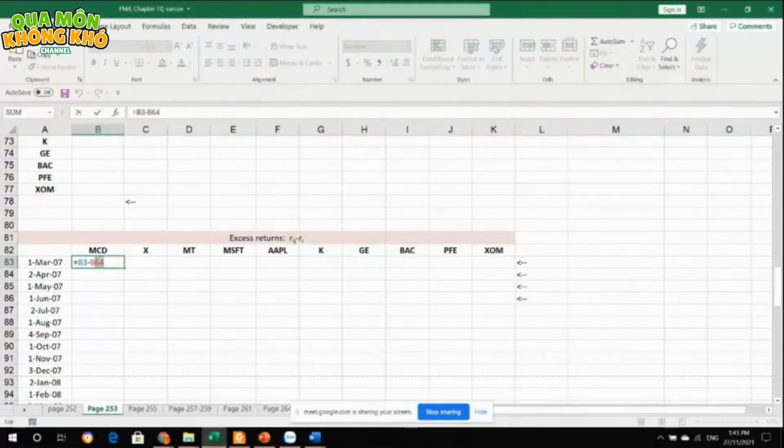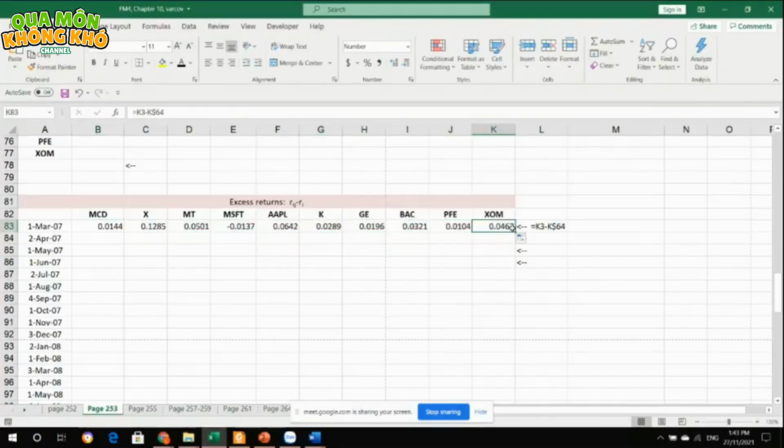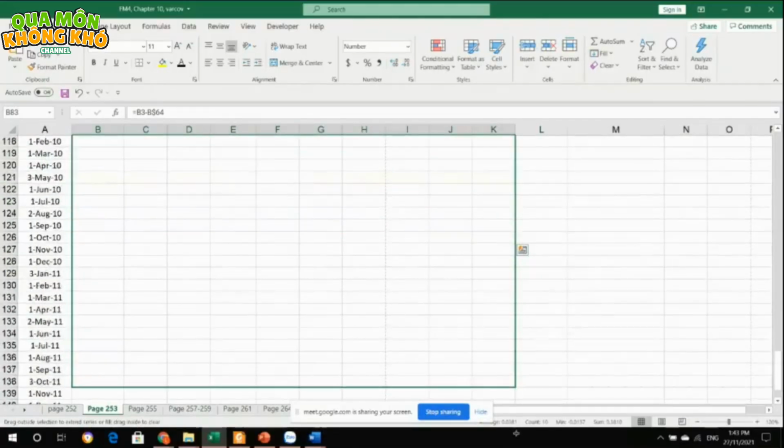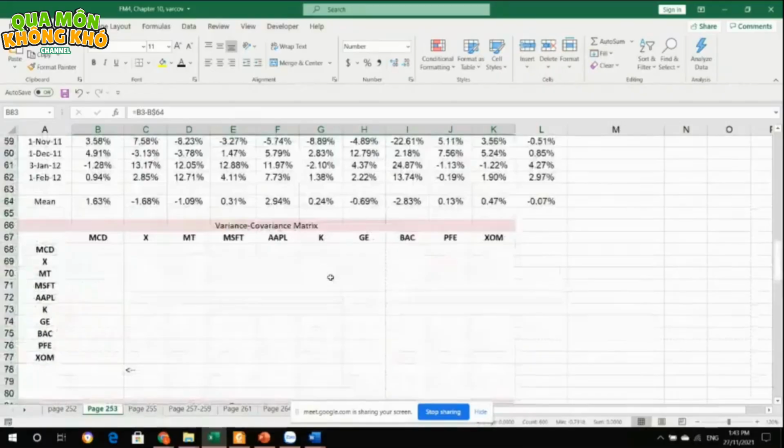We fix the row 64. So we have the excess return.